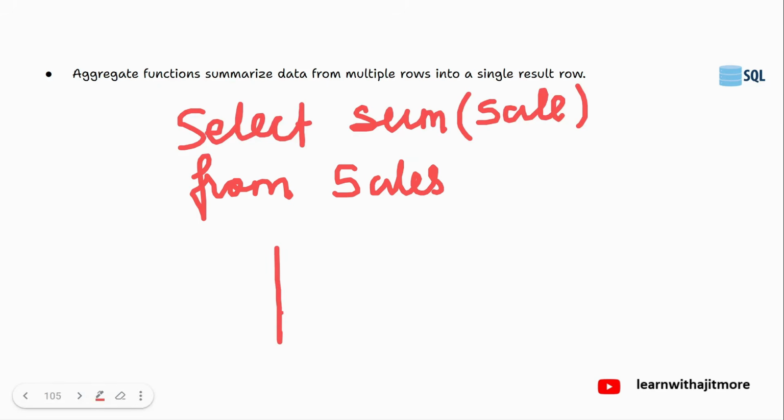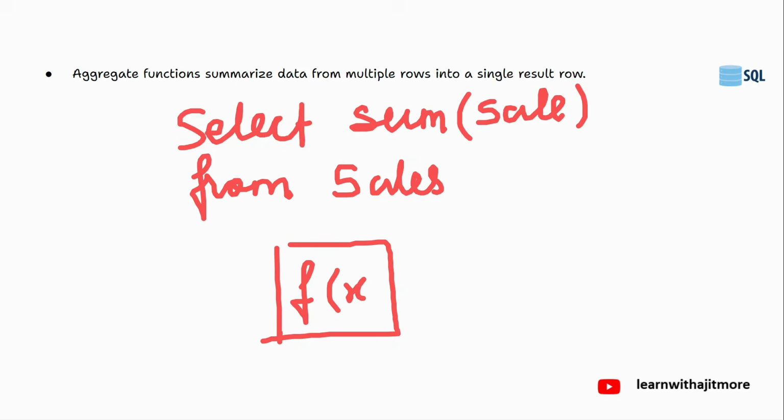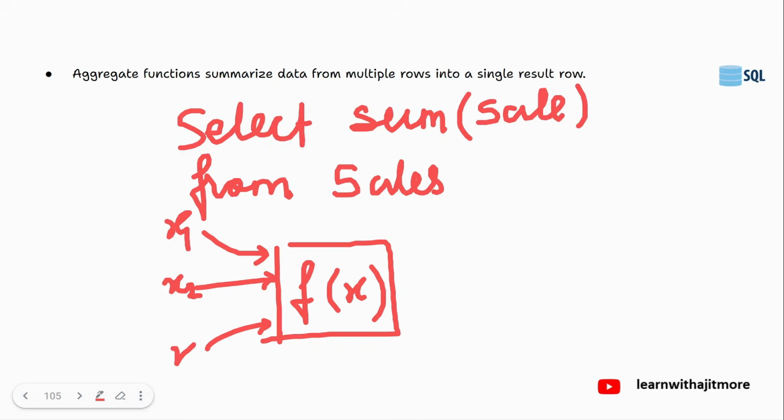I hope you remember when we studied the aggregate function topic, f of x. So f is the aggregate function. It is taking a set of inputs x1, x2, xn, summarizing all these values and producing one value as output.